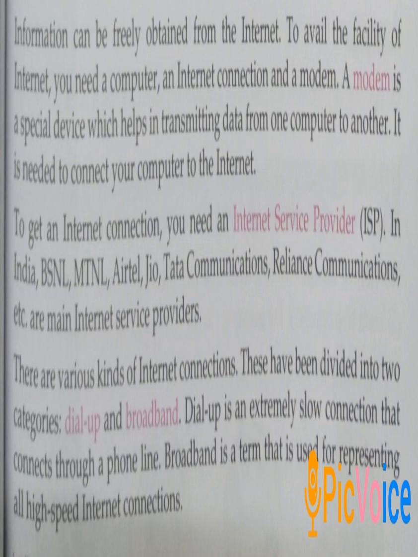These have been divided into two categories: dial-up and broadband. Dial-up is an extremely slow connection that connects through a phone line. Broadband is a term that is used for representing all high-speed internet connections.